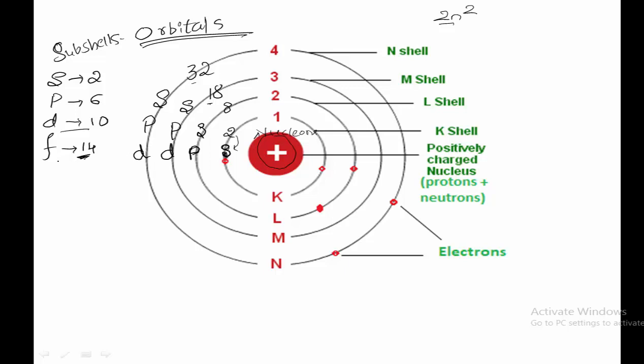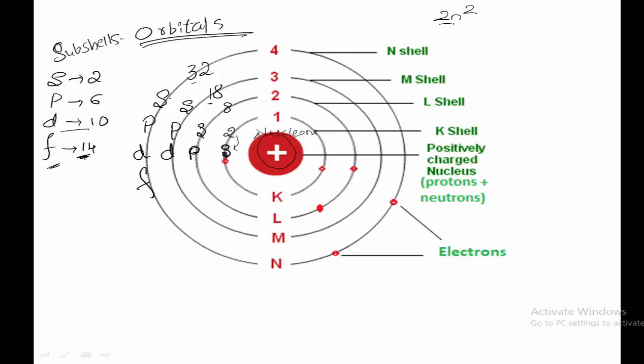Those 14 electrons will occupy the F subshell. So in this manner, in the first shell the S orbital is there. In the second shell S and P orbitals are there. In the third shell S, P, D orbitals are there. And in the fourth shell S, P, D and F orbitals are present.